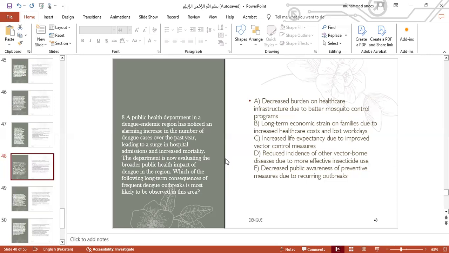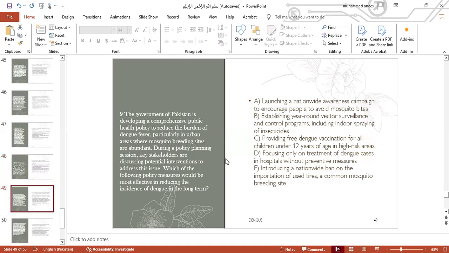And E, decreased public awareness of preventive measures due to recurring outbreaks. So the correct answer is B.